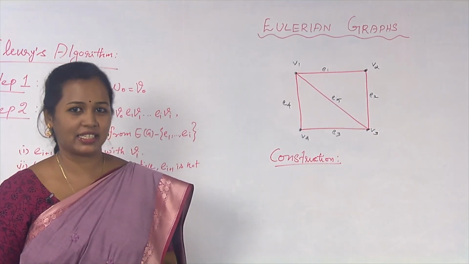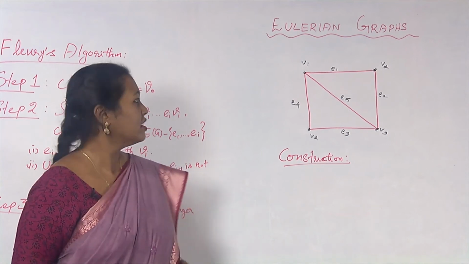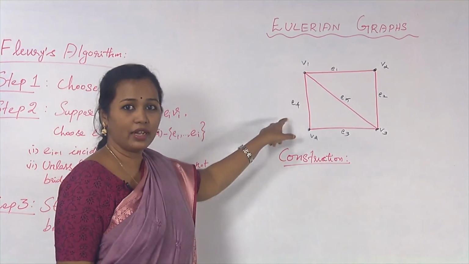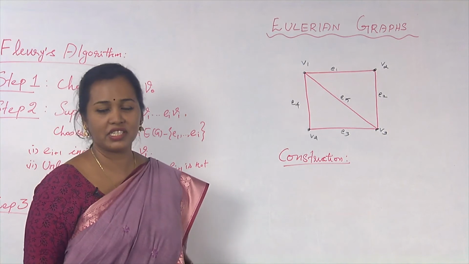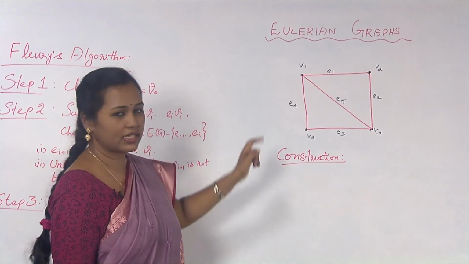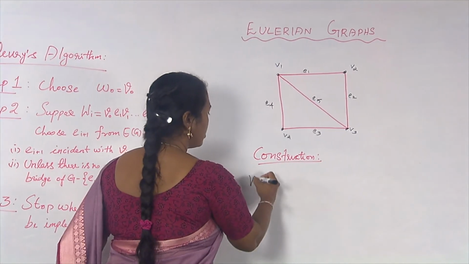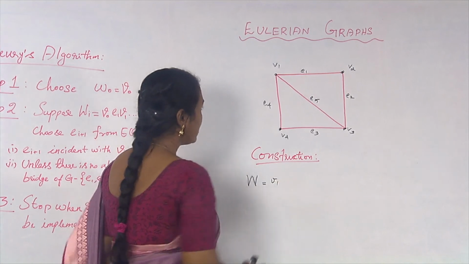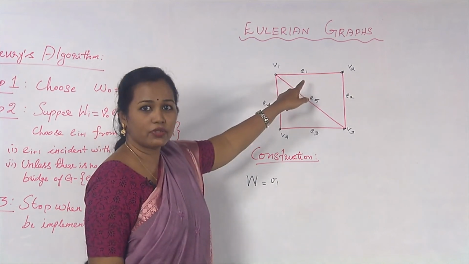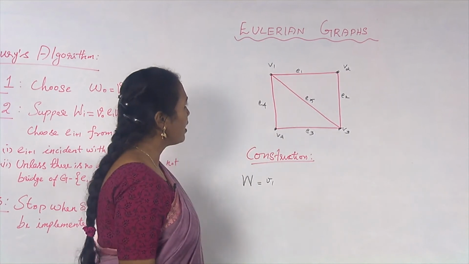Next, we shall see an example of a graph in which you cannot construct an Eulerian circuit. We have this graph here, and we will be using Fleury's algorithm once again, and I will show you why we cannot get an Eulerian circuit for this graph. Let me start with the vertex V1. At vertex V1, there are three choices for edges: E1, E5, E4, and let me choose at random.